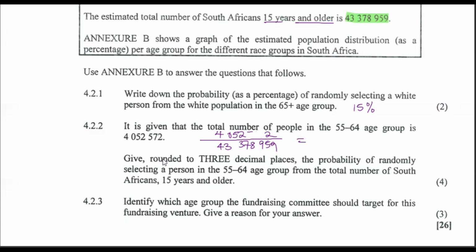And here we have the answer as 0.093. This is 4,052,572, this number over the total number. That's how we got the answer.